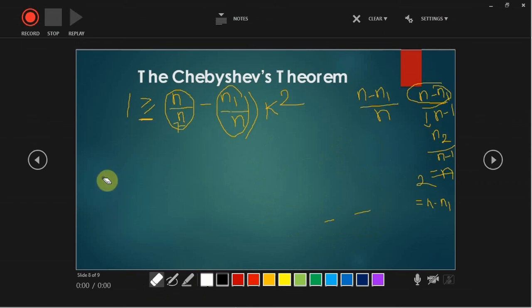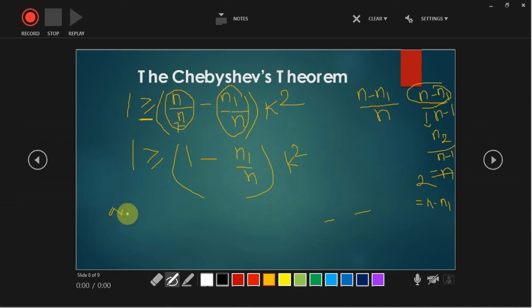Now this simplifies to 1 is greater than or equal to 1 minus n1 upon n times k square. Sorry, one bracket has been missed here.